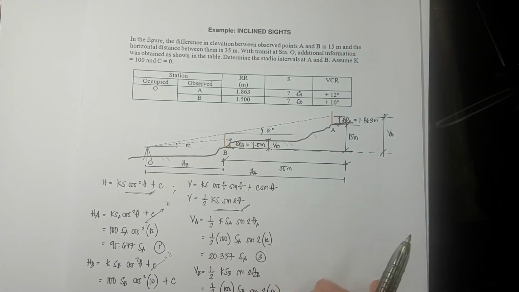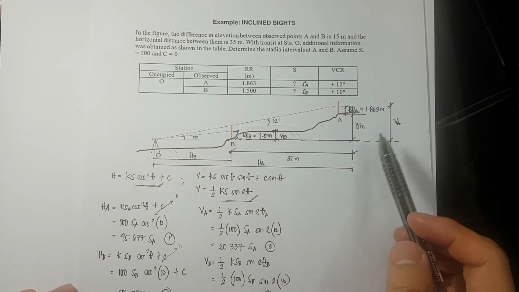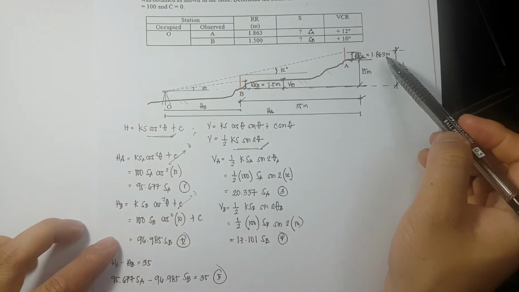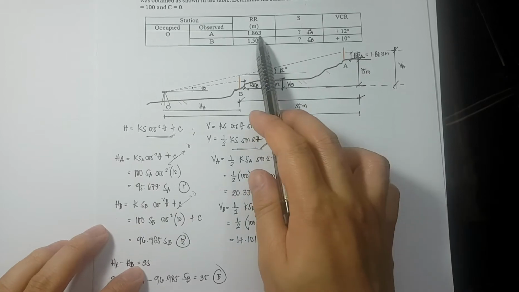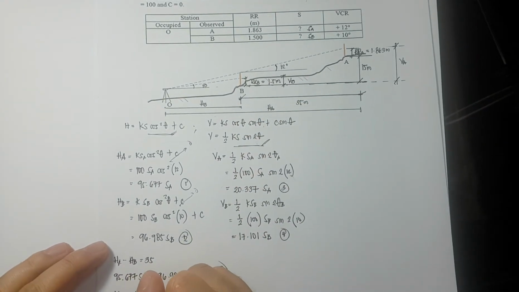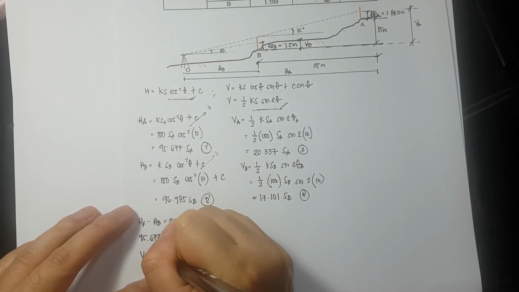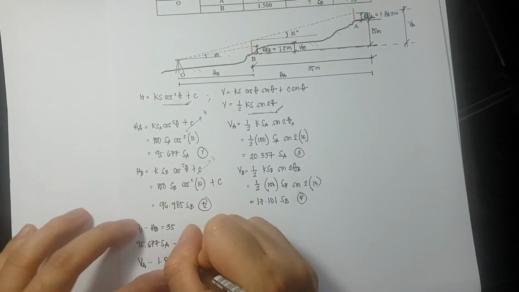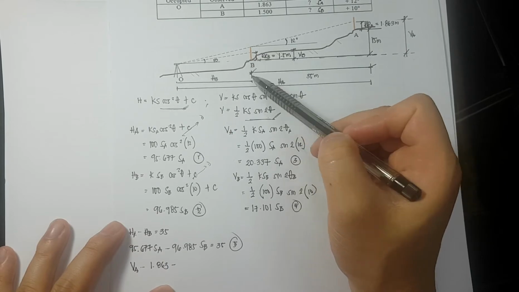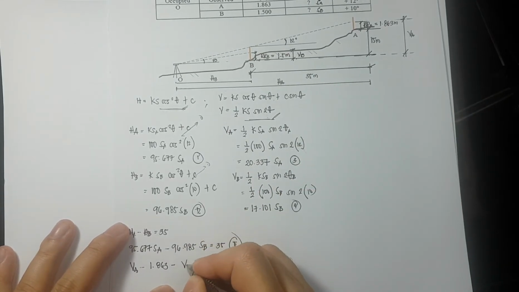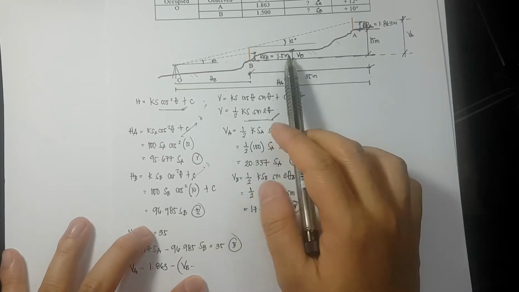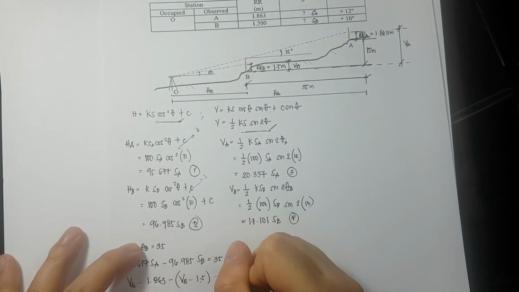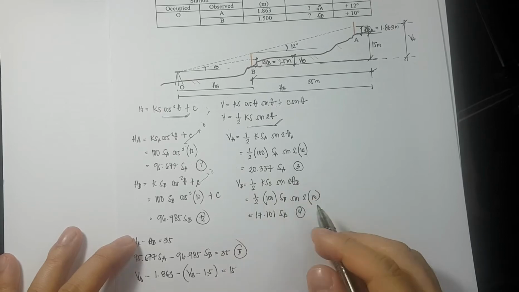Okay? So ang mangyayari, we have VA minus yung rod reading now at A, which is 1.863, minus VB minus yung rod reading ng B, which is 1.5, is equivalent to 15. Okay?